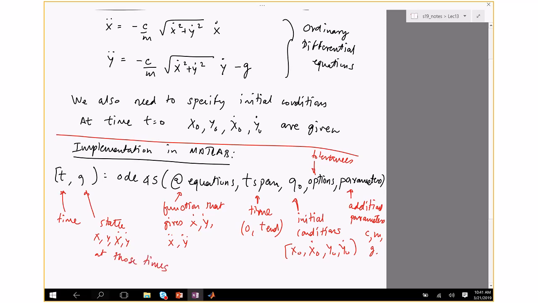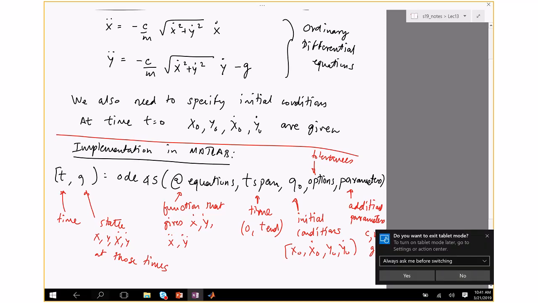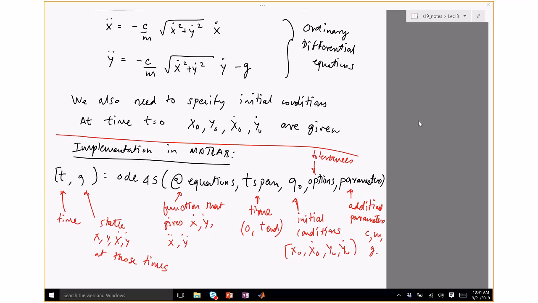And once you have the state, x and y in particular, you can do a plot. So I'm going to show you Matlab code which implements this function. I always have something like this ready, I save it and just reuse it over and over again instead of trying to remember the syntax of this function.